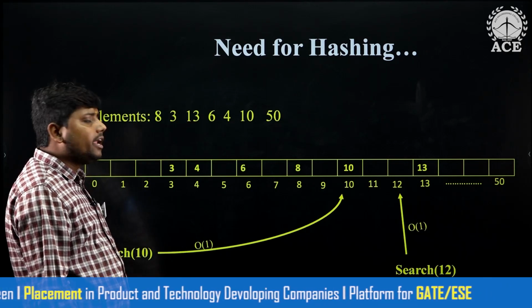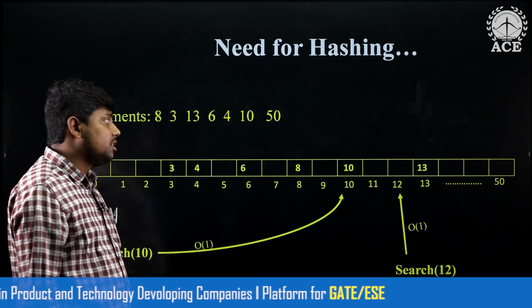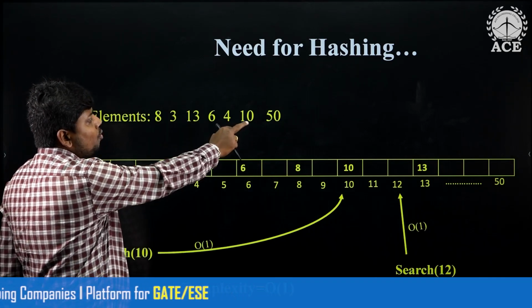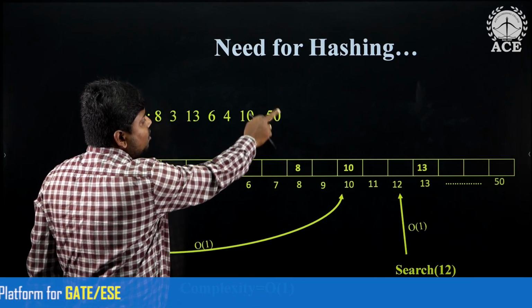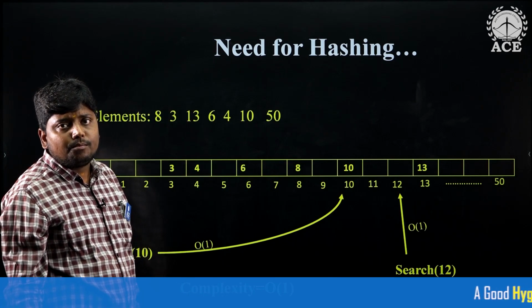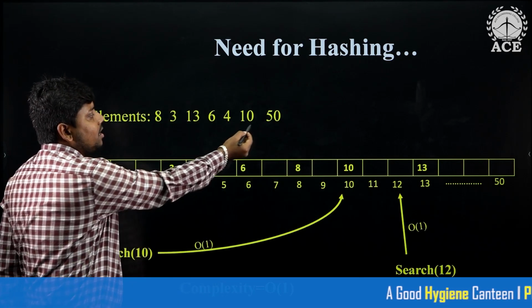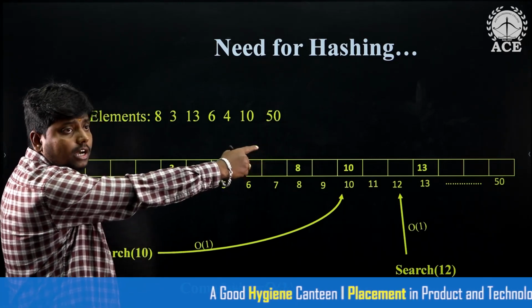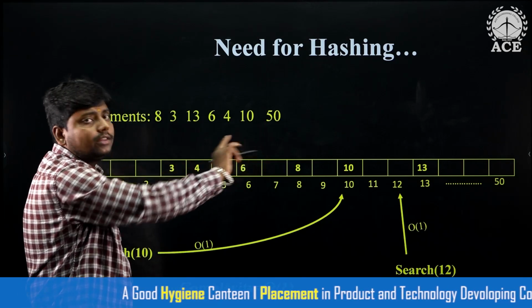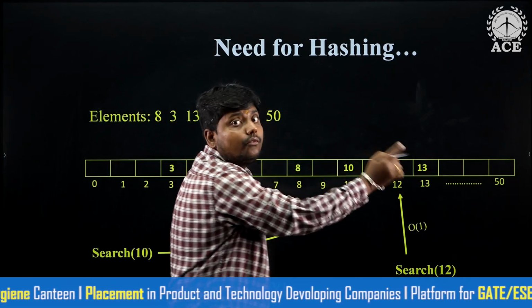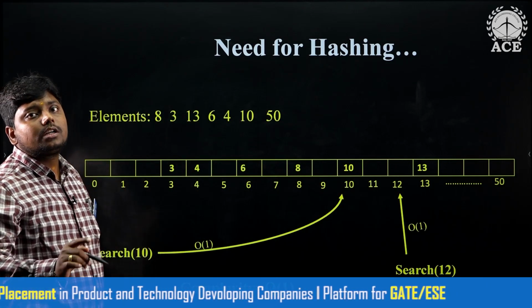But it has a great disadvantage. In order to search 50, we can go to the 50th location. That is not at all a problem. But the problem is that we have added one element, 50, and we had to increase the space of the array from the 14th index till 49, which is wasted and not used at all.